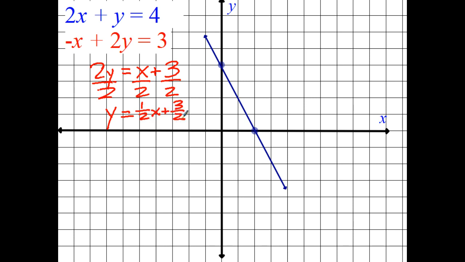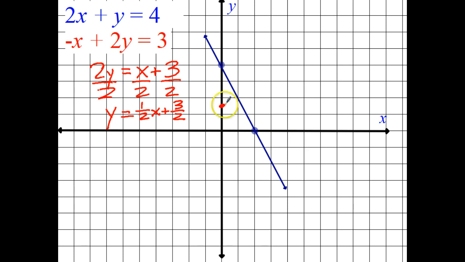Well, 3 halves is not too bad, that's 1.5 here. Now my slope is 1 over 2, which is not the most ideal situation. If we go down 1, I go right 2, and then down 1 and right 2. Whoops, nope, I'm going the wrong way.